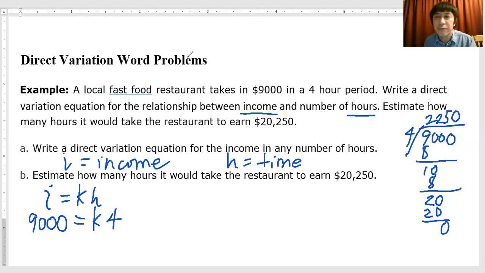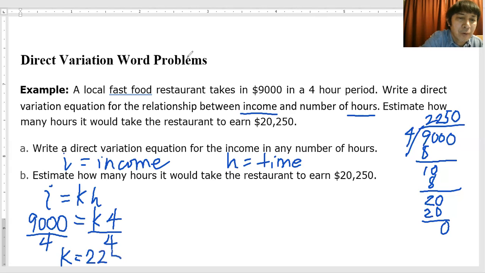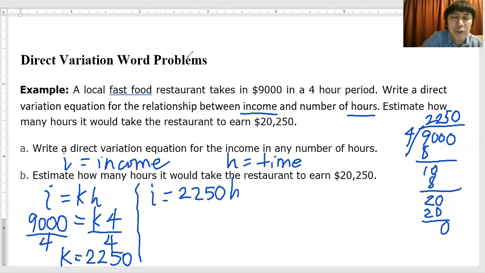So our constant of variation is 2,250. K will give us a value of 2250. There, that's our K. And we now have our equation: I, income, is equal to 2250 H, where H stands for hours. This is our equation.